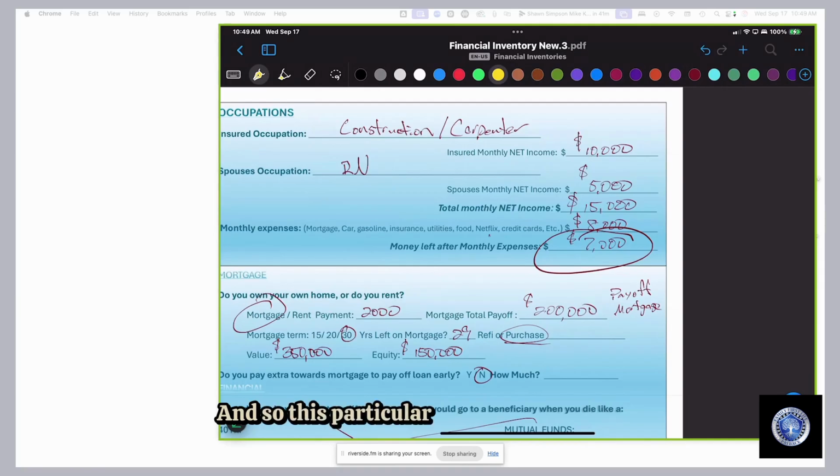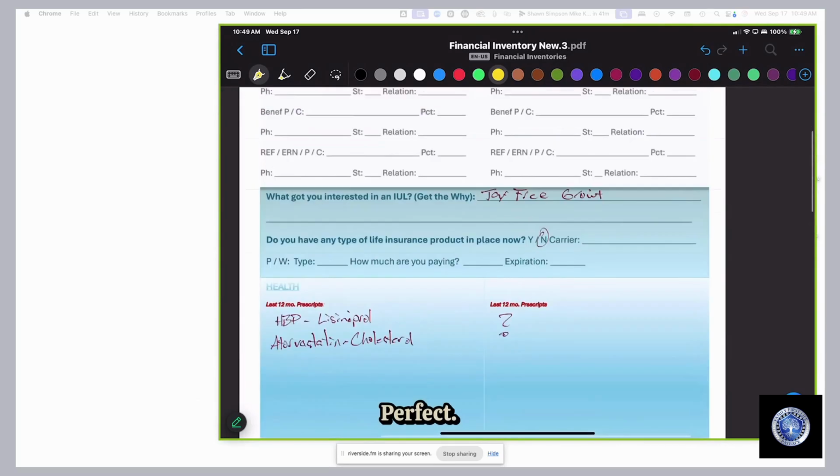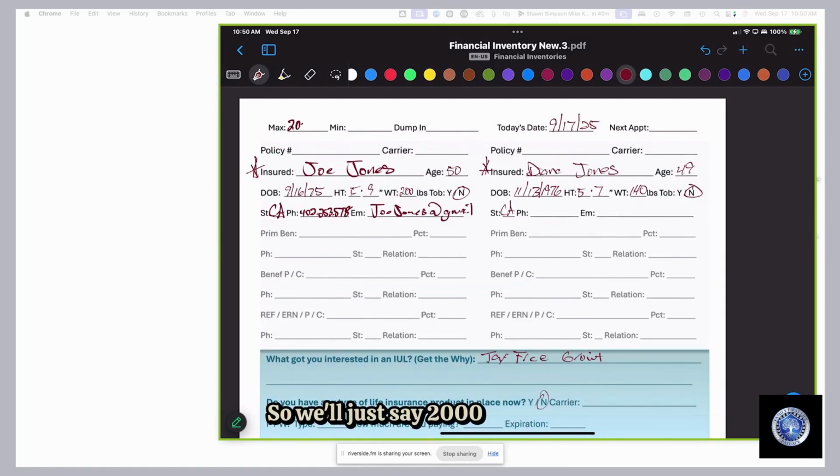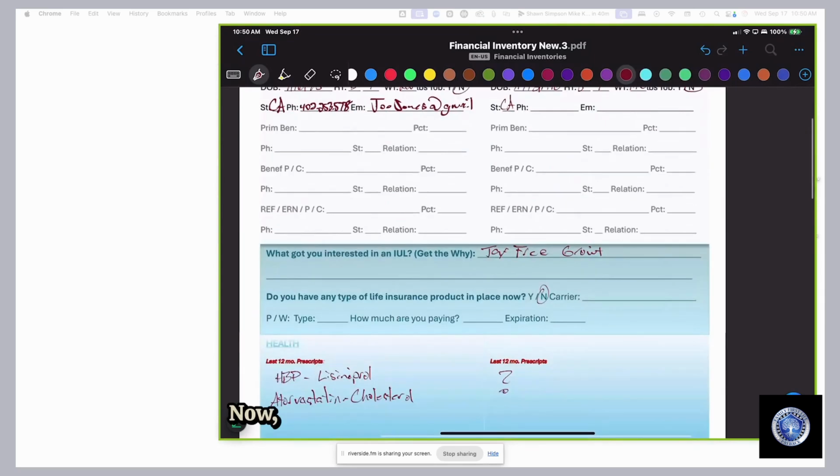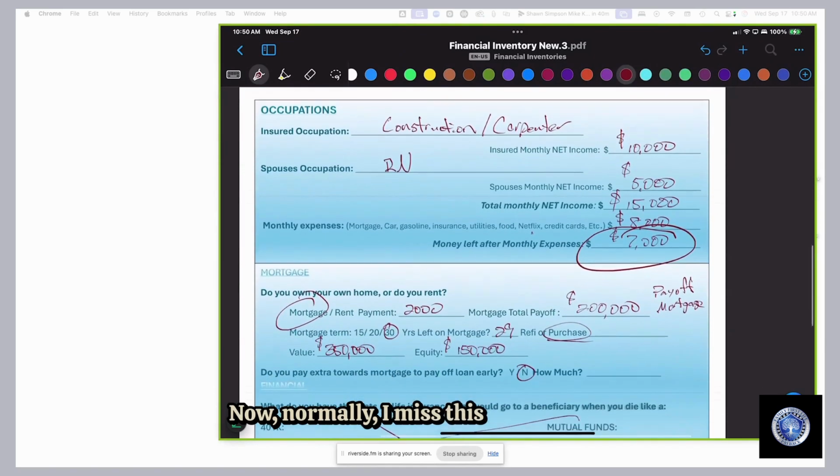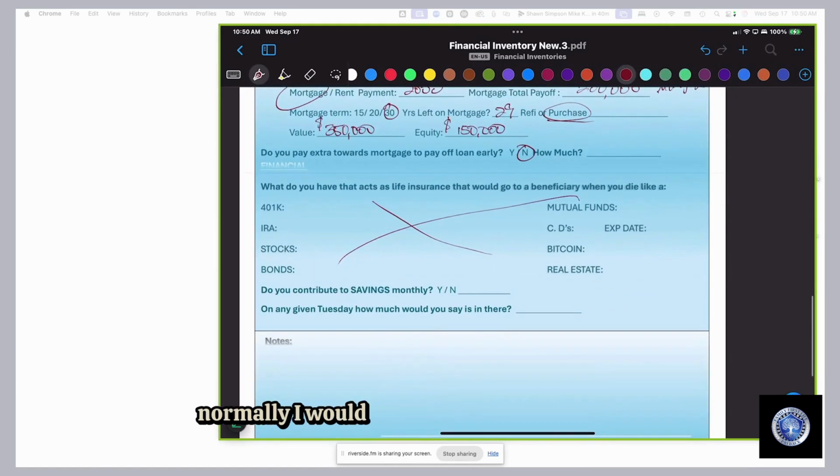And so this particular client may say, you know what? I probably want to put in about 2,000 to 2,500. Okay, perfect. So we'll just say 2,000 to 2,500. And then what would be the minimum that you would want to put in no matter what? Oh, probably 1,000.